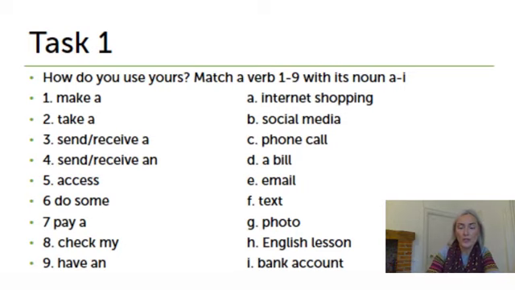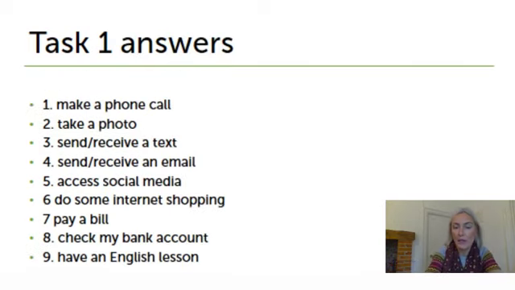Those of you who just want to see what that looks like, here we go. There are the answers. Make a phone call, take a photo, send or receive a text, send or receive an email, access social media, do some internet shopping, pay a bill, check my bank account, and have an English lesson.